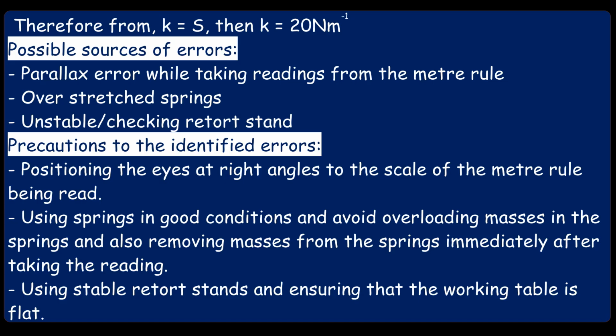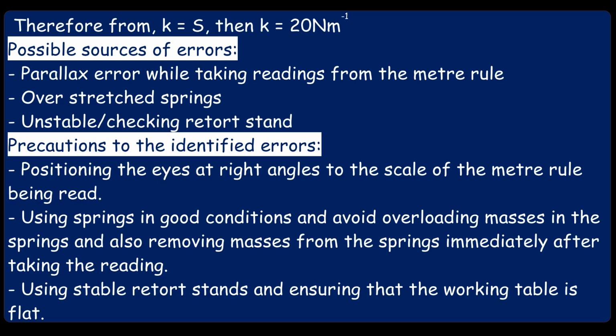Parallax means that you didn't see the value clearly, so you read it the other way around, and that could cause an error. Another one is overstretched springs, and then also unstable checking of the retort stand. It might not have been well checked, and it also causes error.